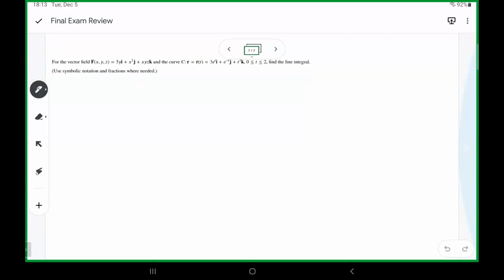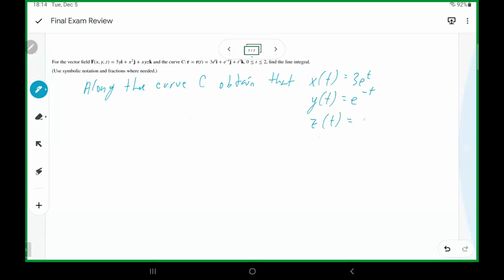So along the curve C, we obtain that x of t equals 3e to the t, y of t equals e to the negative t, z of t equals t cubed.